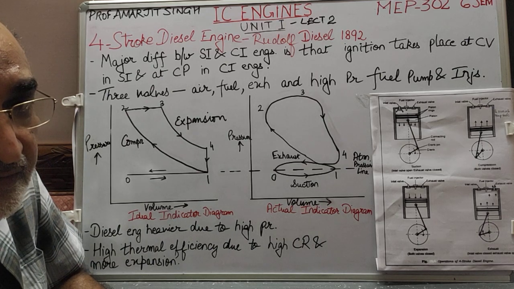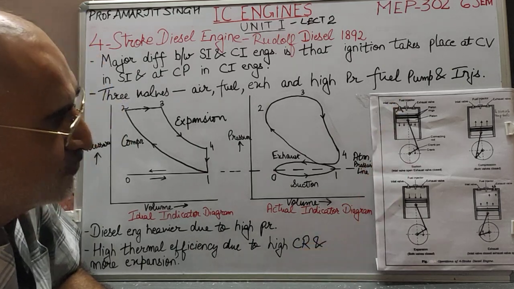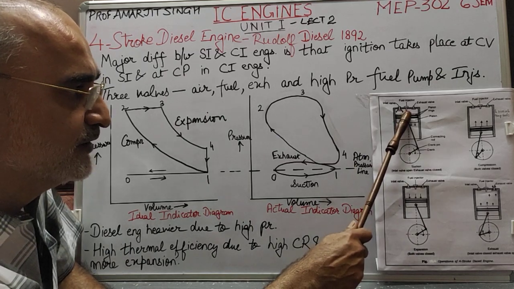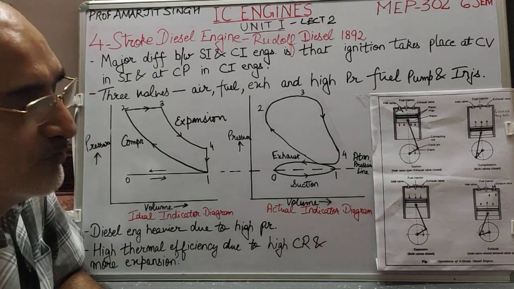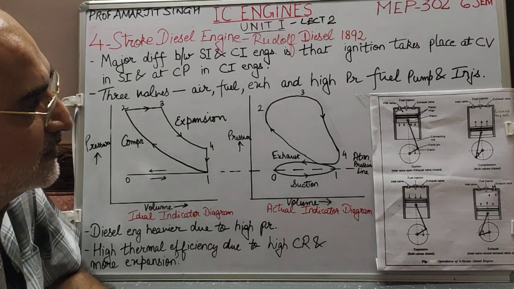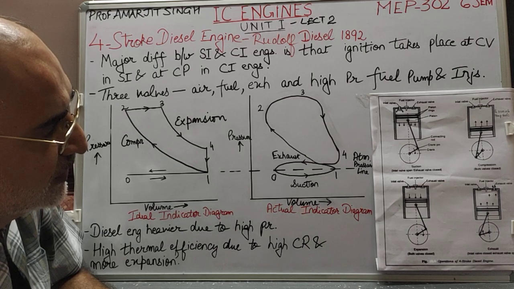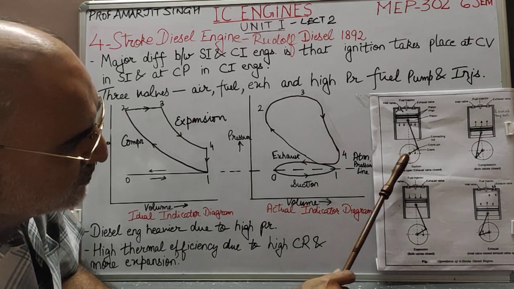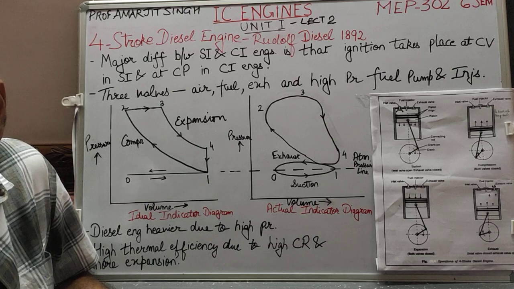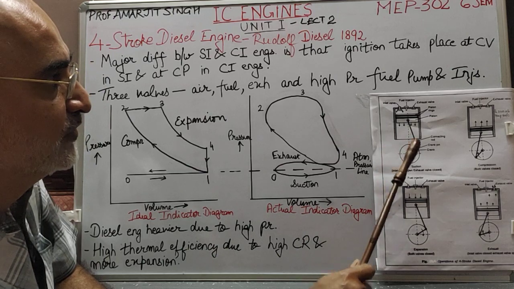High pressure air, only air, is inducted into the cylinder chamber due to the downward motion of the piston, which creates a suction, and the air comes in. This takes place from, let's say, if this is 0 degrees, 0 to 180 degrees. Half a full circle.